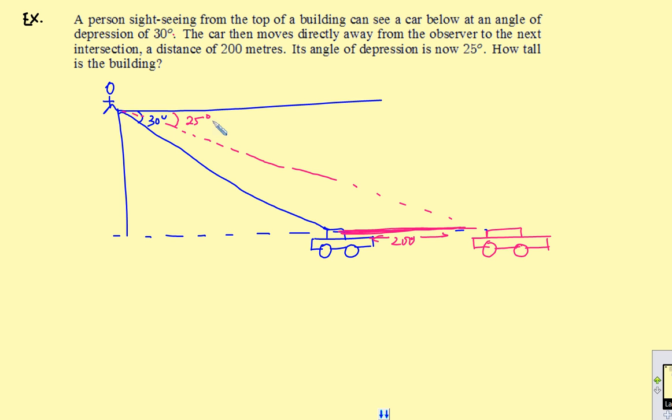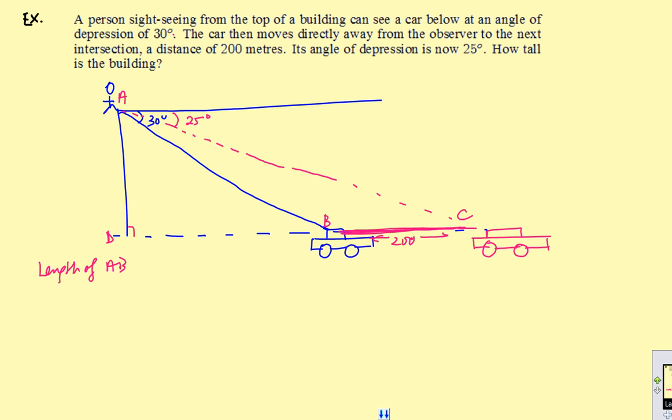All right, so how are we going to figure out how tall the building is? Well, what we can do is simply this. If I call this A, and I call this B, and I call that C, and I call that D, I can find the length of AB. But before I can find the length of AB, I've got to find the measure of the angle in between here.